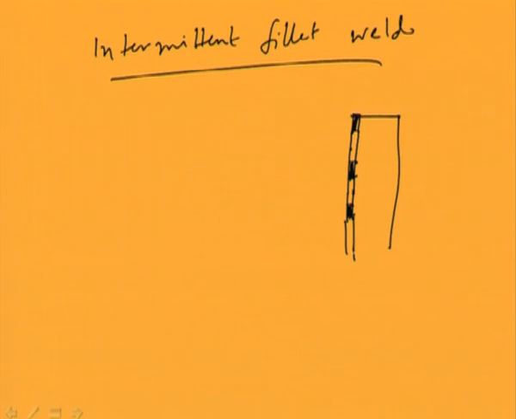Say if we consider one example, so this is one intermittent fillet weld, seen in the plan. That means we are making welding with a particular pitch distance.